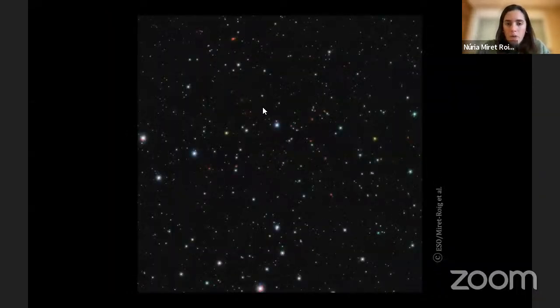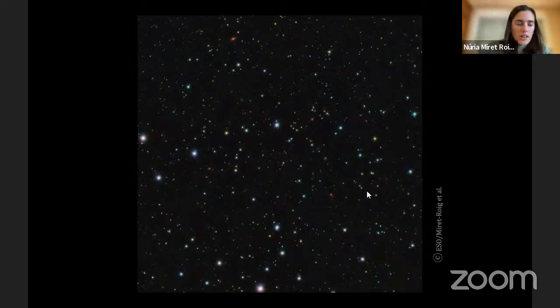Now, I'm going to zoom in on this region, and I am showing you one of these images that we analyzed. And this image contains a very special object. Exactly at the center of the image, there is an object of 8 times the mass of our Jupiter. So you can try to guess which is it.